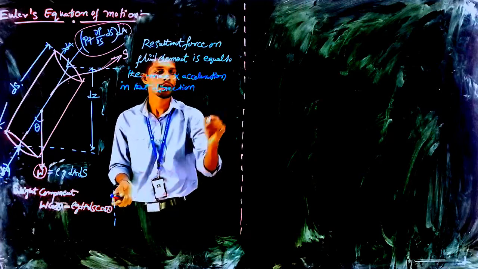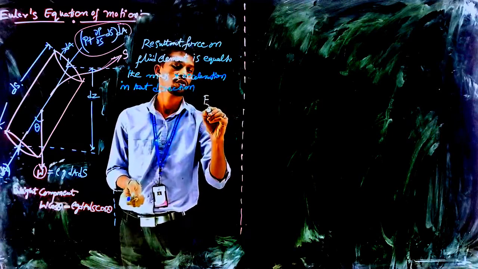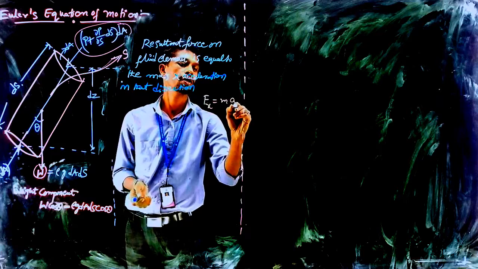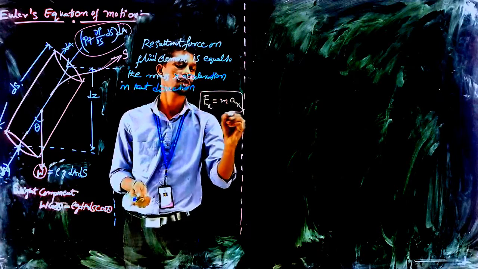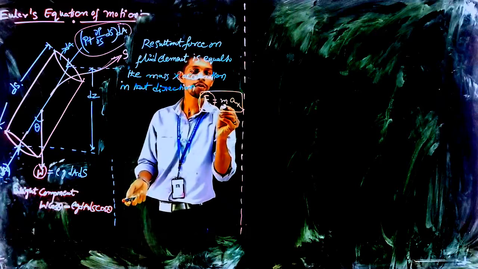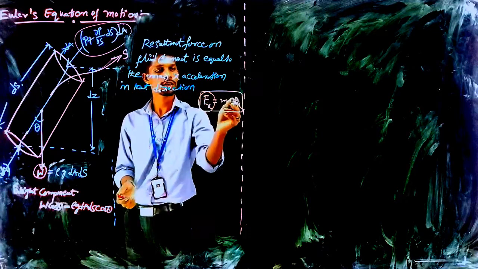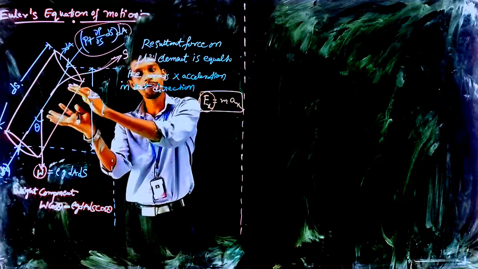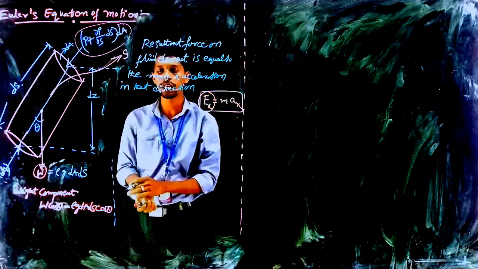As we all know, Fx is equal to m into ax. So from this expression, Fx represents the net resultant force, which will be equal to the mass into acceleration of that particular fluid element in the corresponding direction.